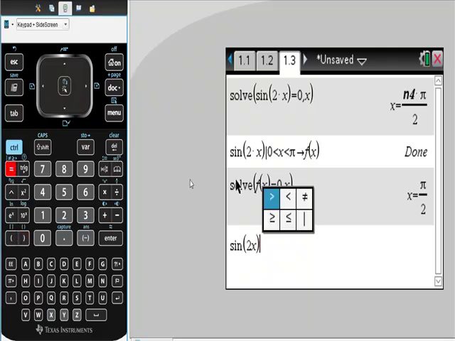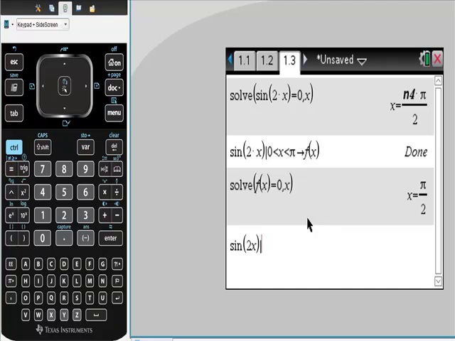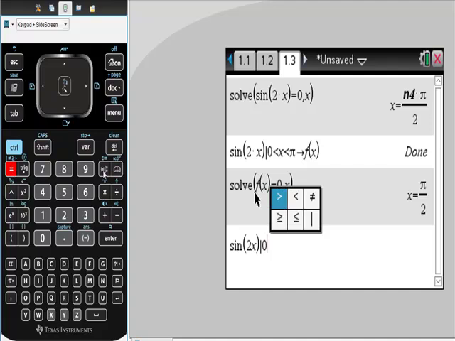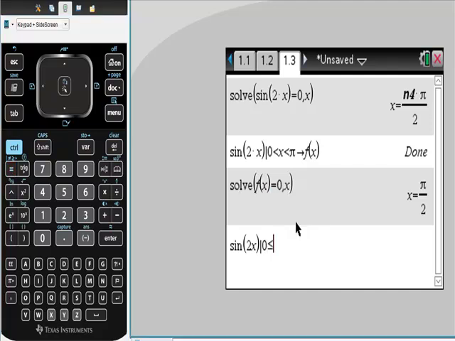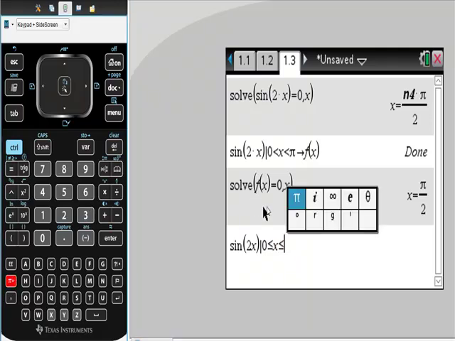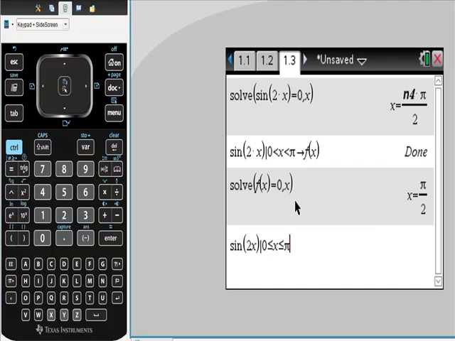Control here, such that, and then I'm going to do 0, and then look, I'm going to do control equal sign. So x is greater than or equal to 0, x is less than or equal to pi. Right? Choose the pi symbol here. I think you can actually type in pi also as an alternate. It will translate it for you, but I know this way works perfectly.